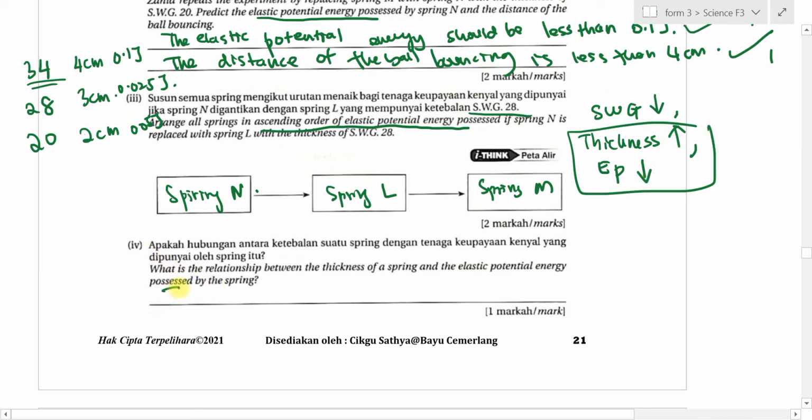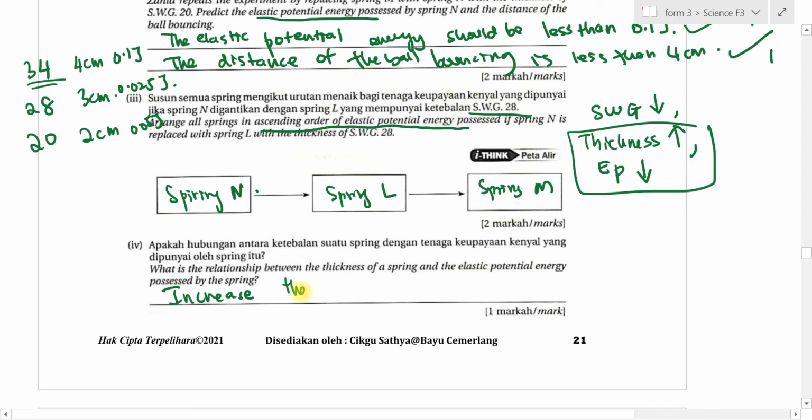This is a bit out of topic actually. The factors affecting the spring elasticity are not in your syllabus, but we can do it. You can consider this as a K-part question.